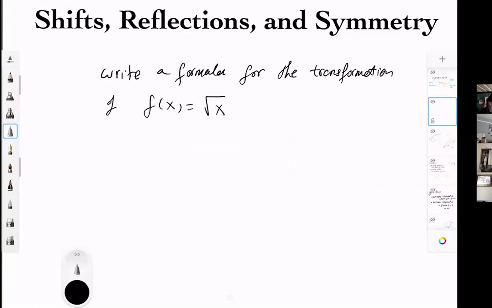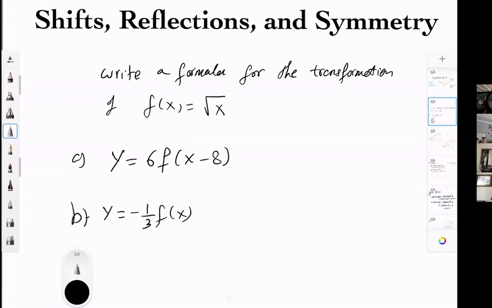So I give you root x, and now they're asking us, part A, what is y equal to 6 f of x minus 8? And what is y equal to negative 1/3 f of x? That's another type of question. So you know we have a parent function. They call it the original function.